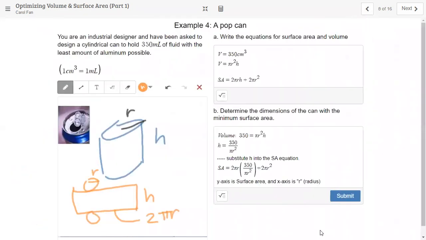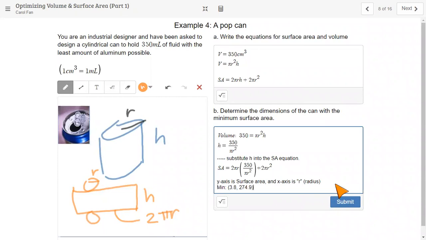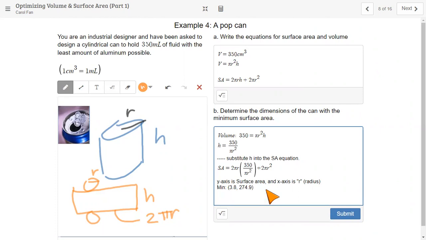So when we come back here, we know that the radius that will produce the can that has the least amount of surface area is one that has a radius of 3.8. I'm going to put it back into my height so that I can find the height of this shape as well.